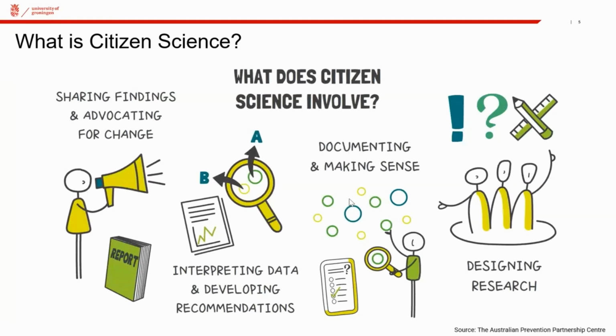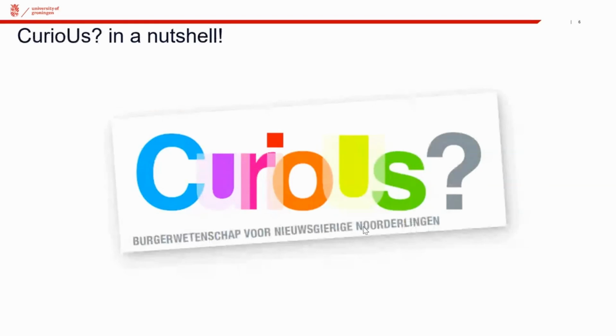It's about sharing findings, advocating for change. It's about interpreting data and developing recommendations based on the findings in a project. It could be about documenting and making sense of a reality that could be otherwise difficult. And it could be about designing research. It could be about finding new ways of understanding our living environment.